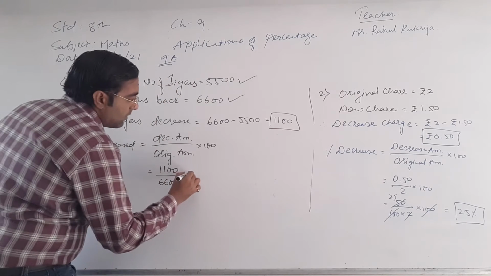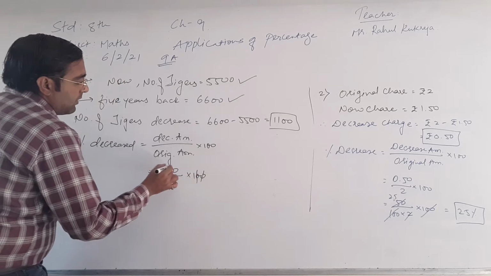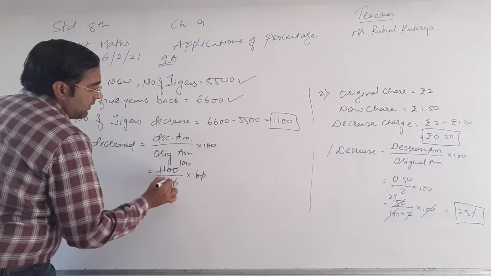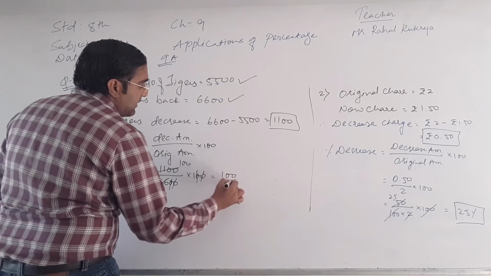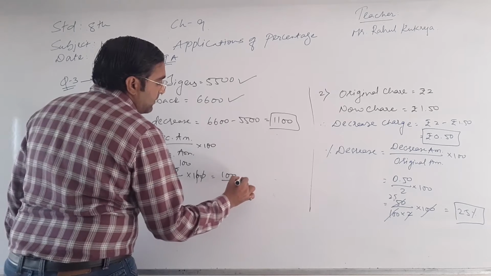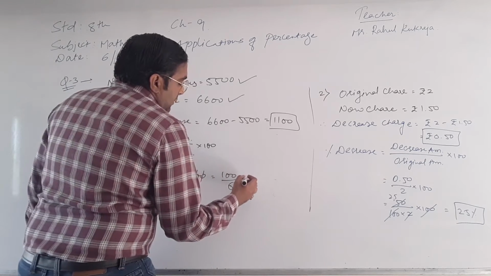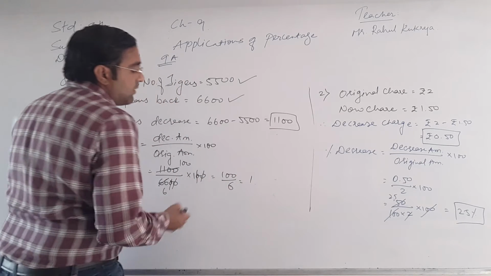So in 200, the zeros cancel out. 11 hundreds are 11, six are... So 100 plus 6. 6 1s are 6.